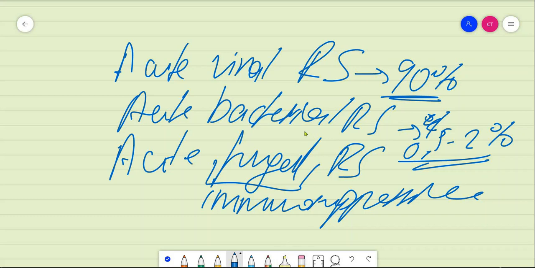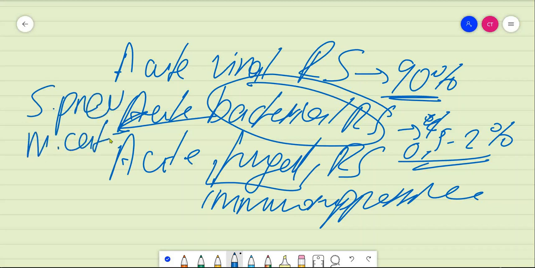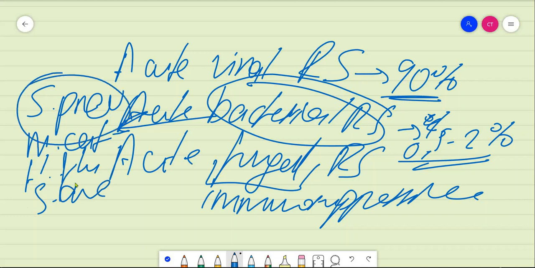All right, so bacterial rhinosinusitis has a couple of different microbiologic etiologies, but most commonly it is caused by Streptococcus pneumoniae, Moraxella catarrhalis, Haemophilus influenzae, and Staph aureus, but most commonly Strep pneumoniae.